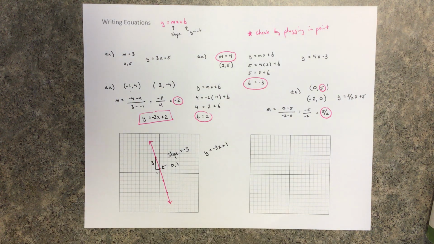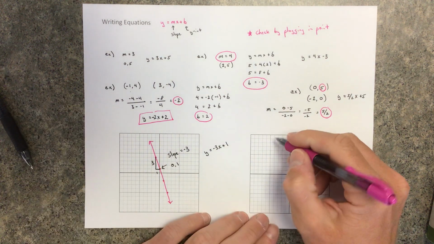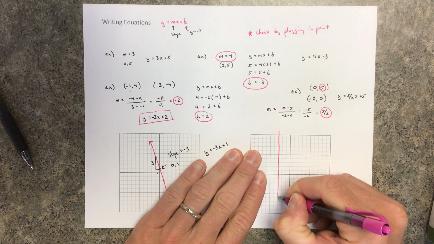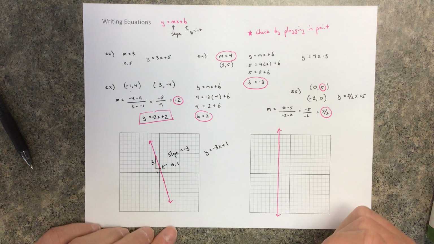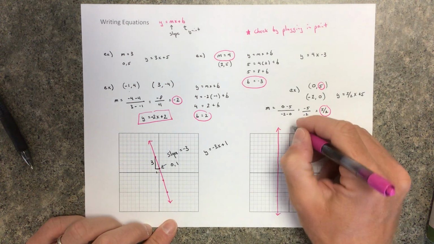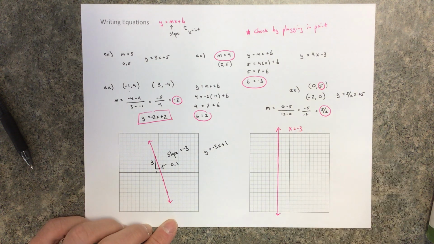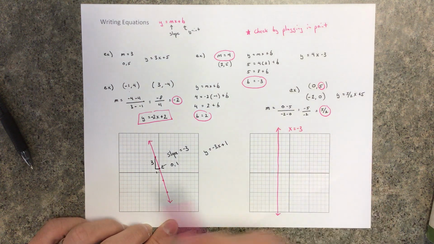Okay, so if I give you a graph, it's easy. And let's just do 2 other ones. Just as a reminder, if you have this guy, that's a special case. That's a vertical line. Think about every single point on there has the same x value. So the equation makes sense to be x is -3. Everything has an x value of -3, so the equation is x equals -3.